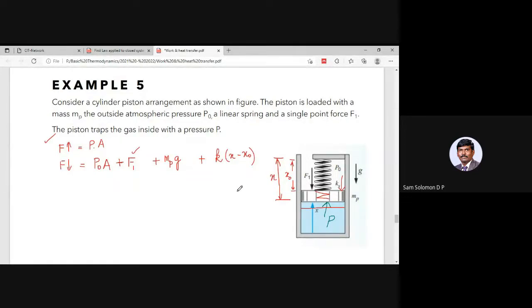The unit for this spring constant, given as ks, so let's also take it as ks. The unit for spring constant ks is Newton per meter. So multiplied by meters, the unit for displacement, that will give you Newton.